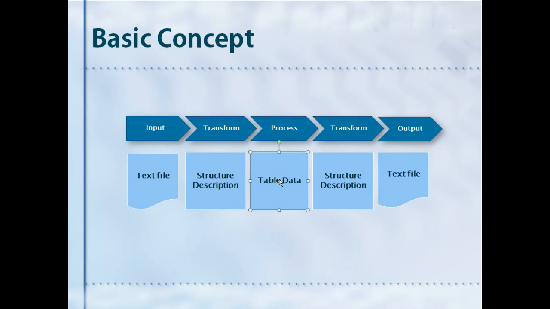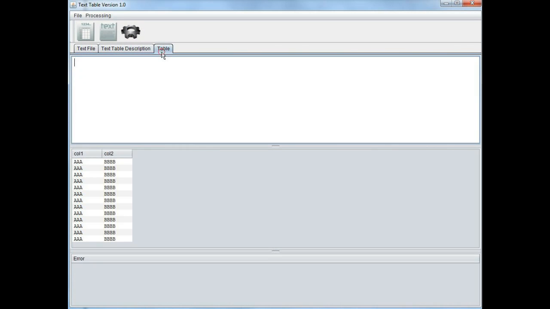Then we got the table data, and now we can look at the data and maybe do also some changes. We want to see the first 2 lines of column 1 should have CCC instead of AAA.